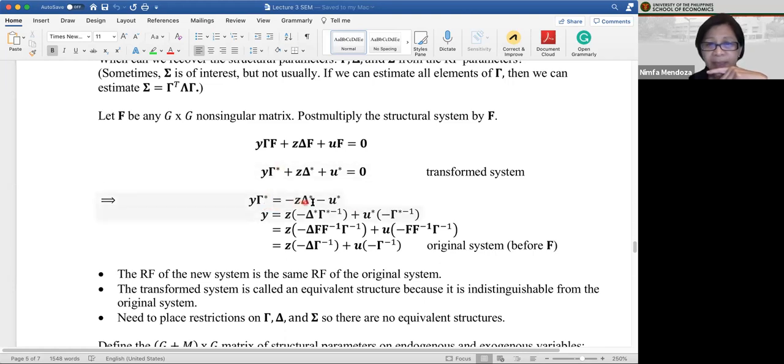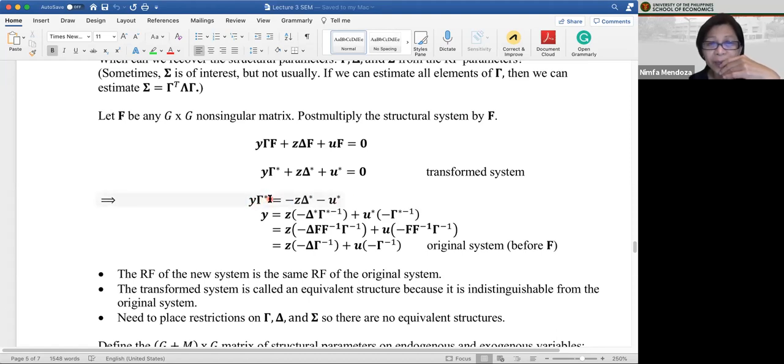So I have minus C delta star minus U star, okay? And then I post multiply both sides of the equation by gamma star inverse.